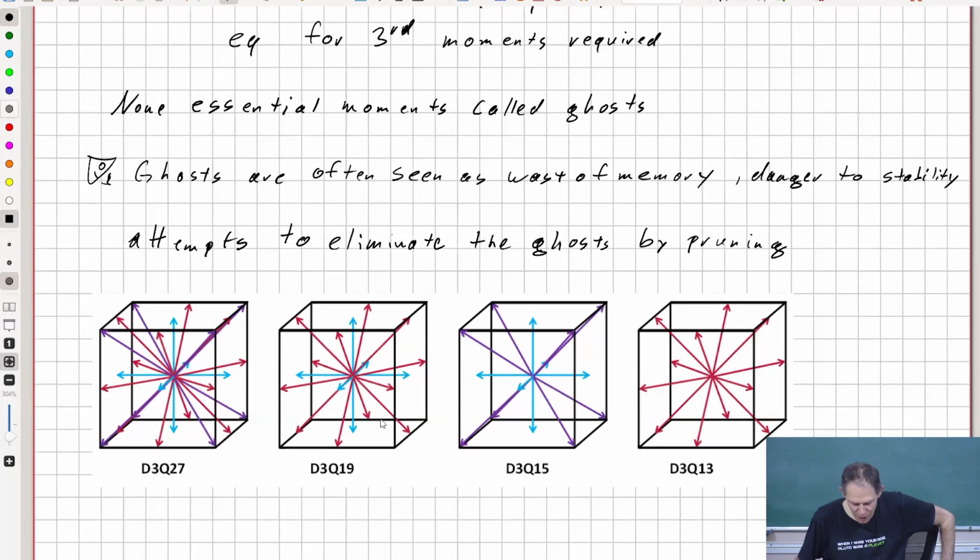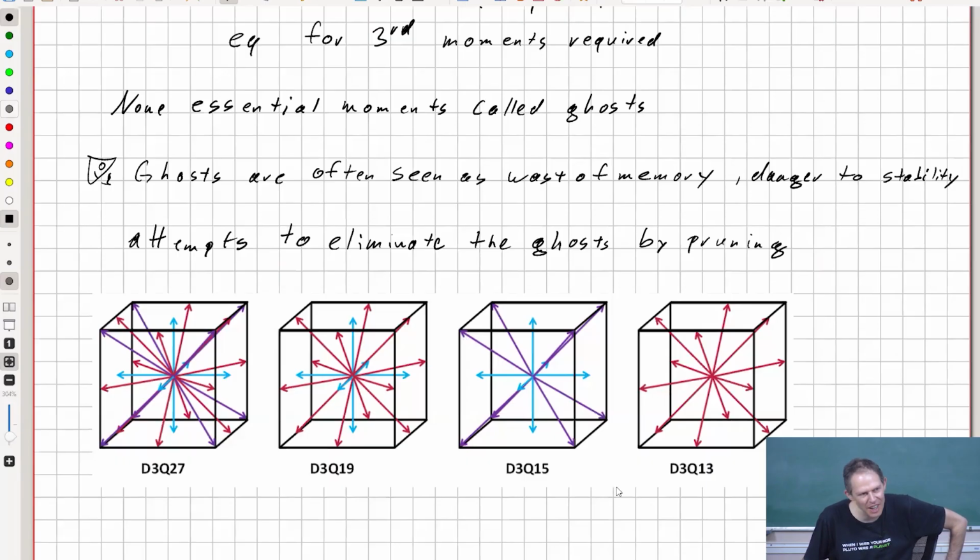So in the beginning of the 2000s, there was a lot of thinking that you should go in this direction, less and less and less, making life simpler.